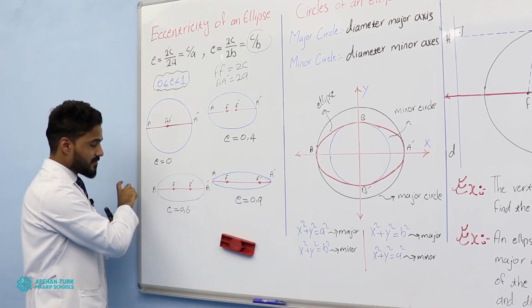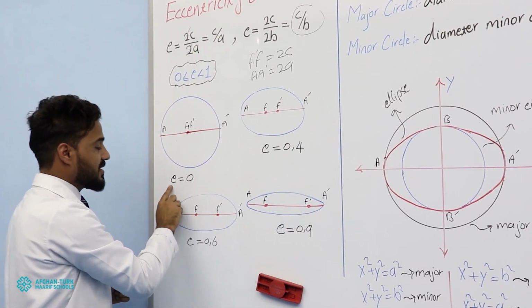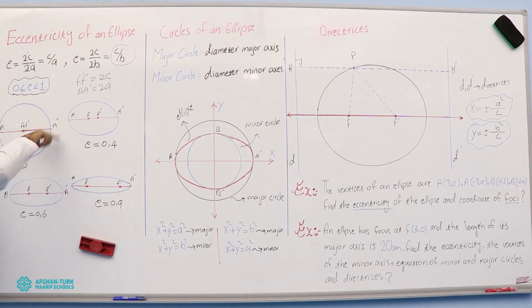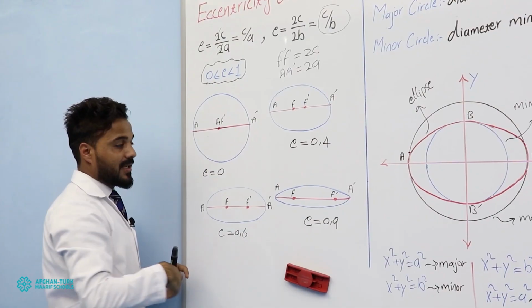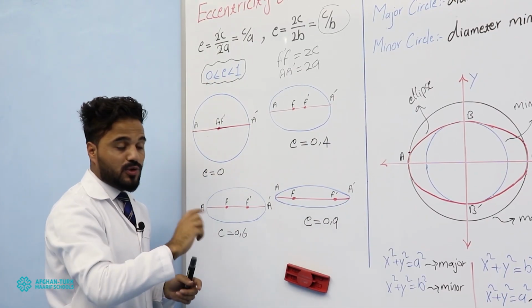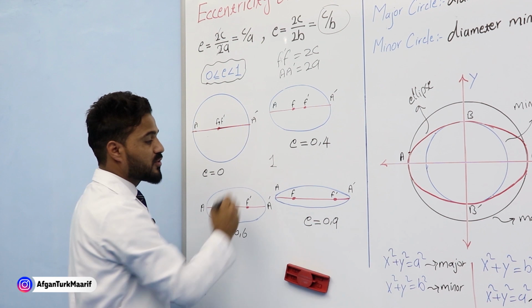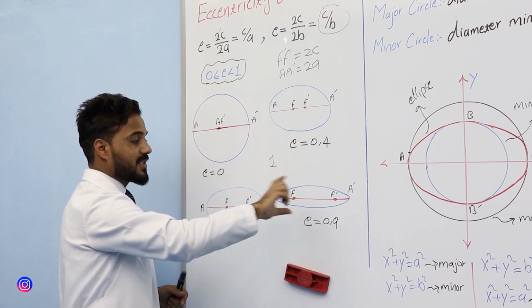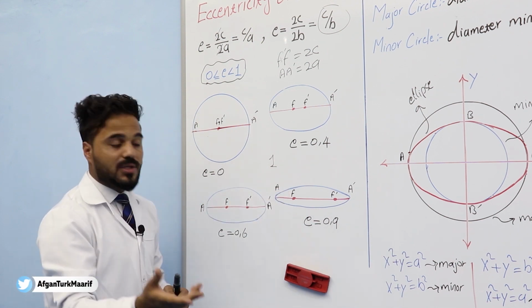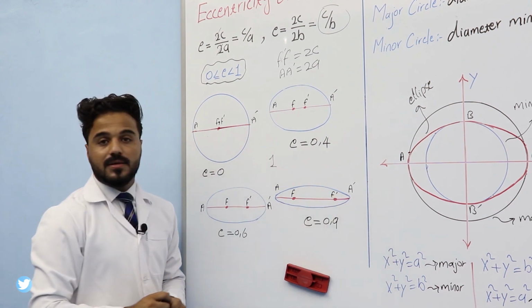And when the eccentricity of an ellipse is 0, we will have a circle. But when the eccentricity approaches 1, at that time our shape also becomes closer to a straight line.